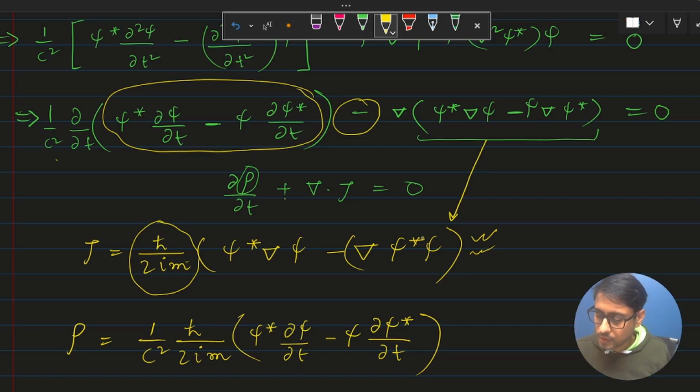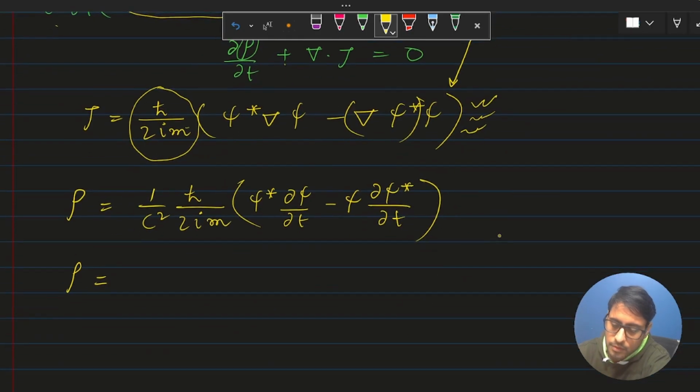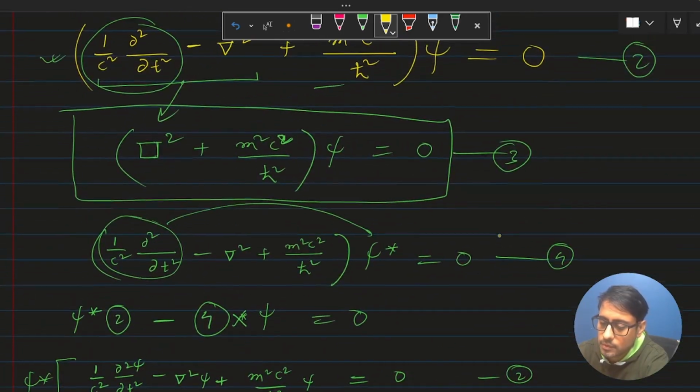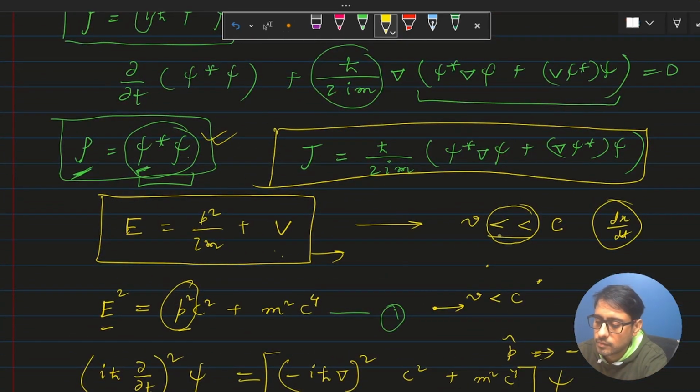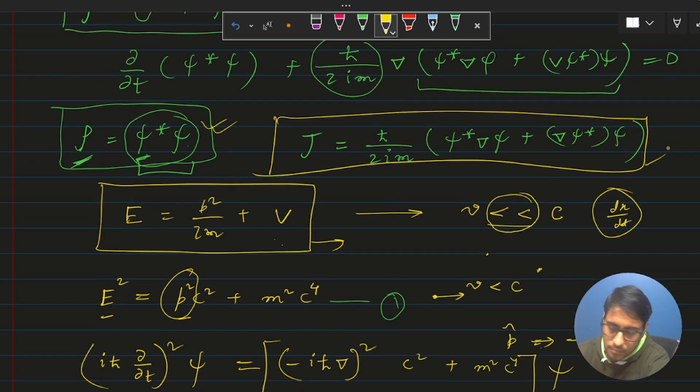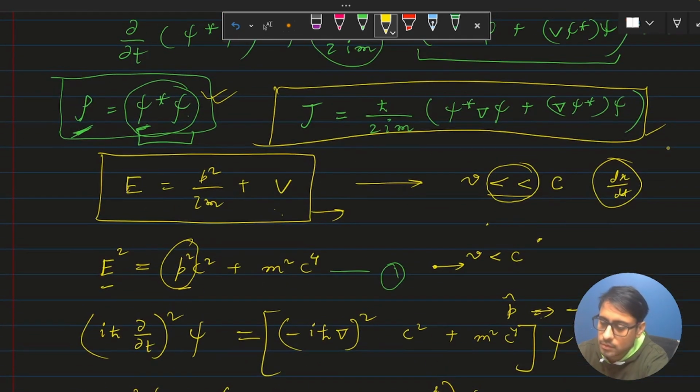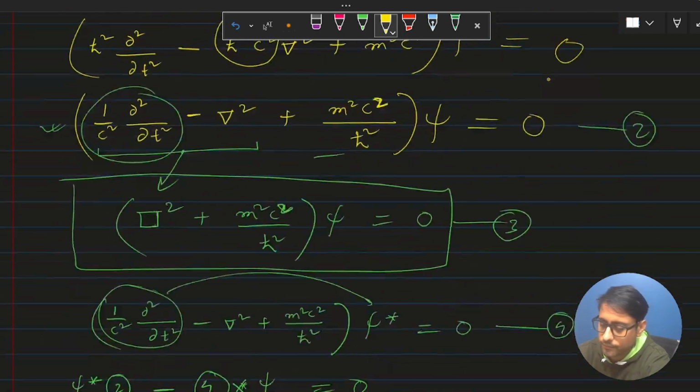This term should be in the bracket, or we have already written it from our previous equation, yes, this one. So you can take this side toward the left and right like this.